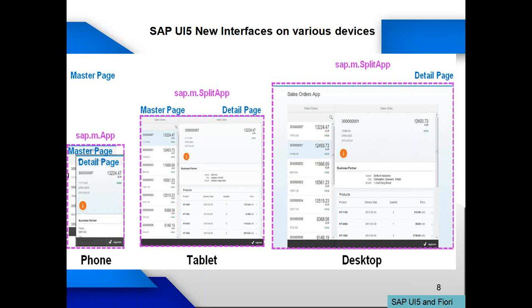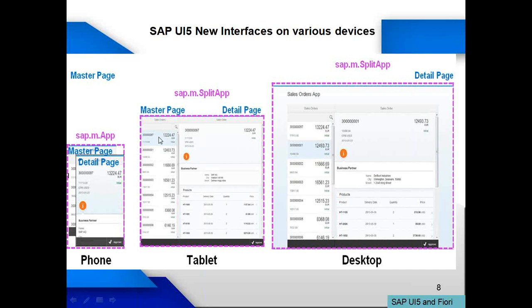So on the master screen, when you select one thing, the details page comes and overrides the master page, and you are able to see that in a single screen. In the tablet, the content is fitted into two places: on the left-hand side we have the master data.